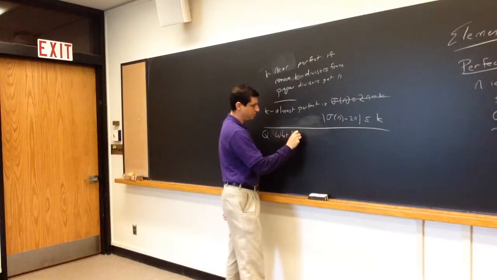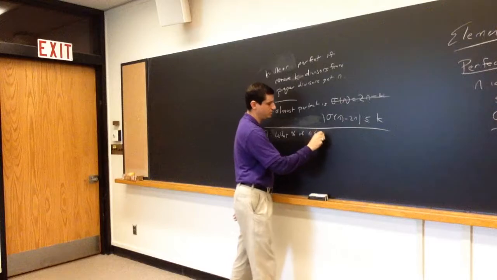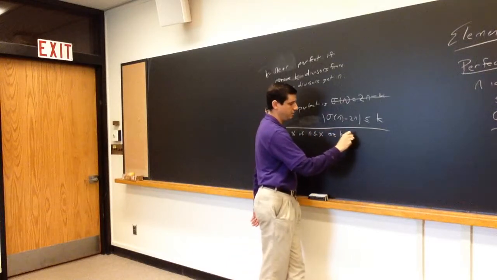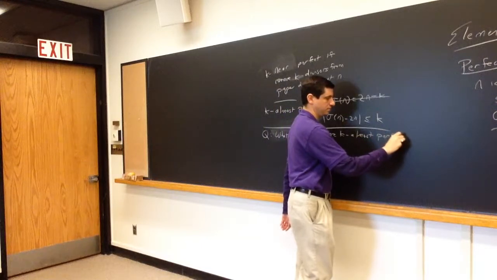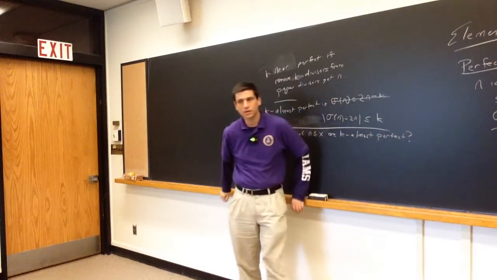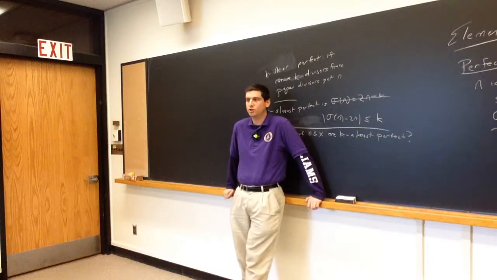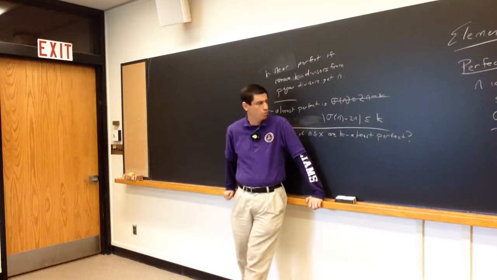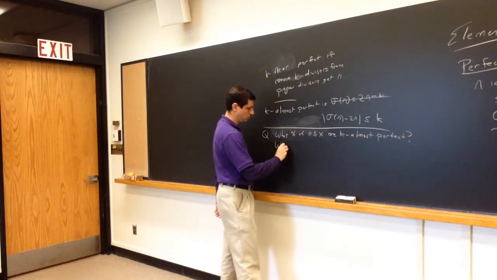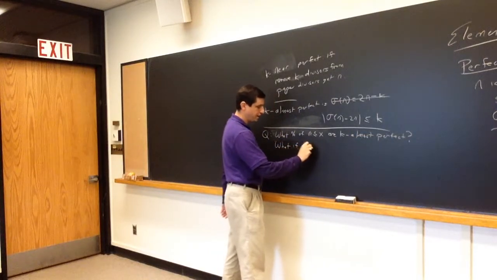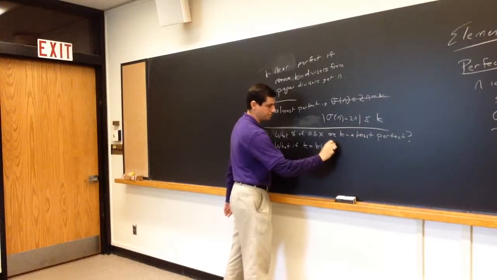What percent of n less than or equal to x are k almost perfect? There are some results about this already in the literature, and I think we can start combining them. What we could then do is allow k to grow. What if k is a function of x?